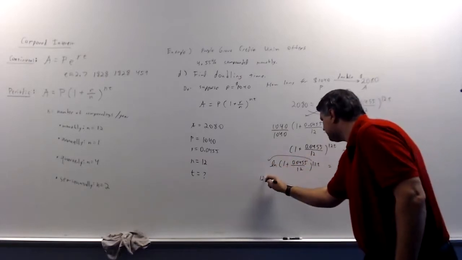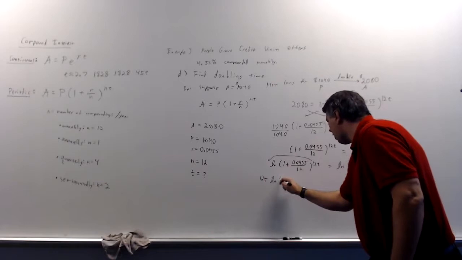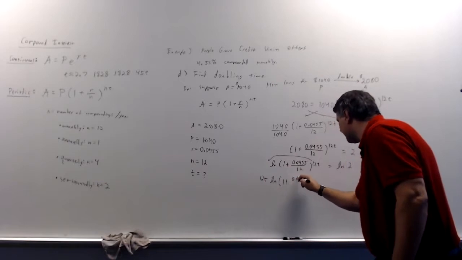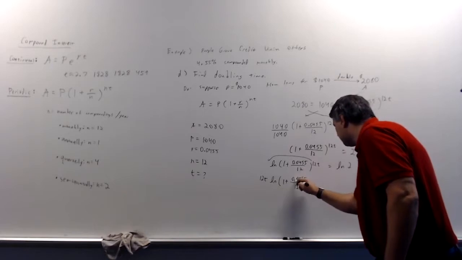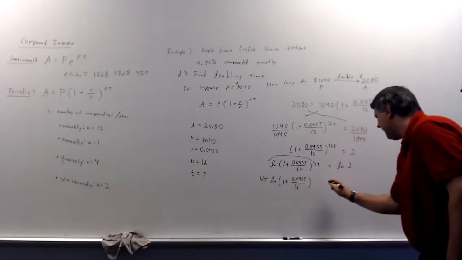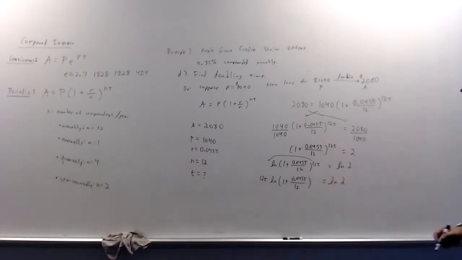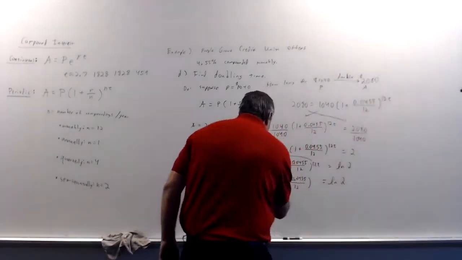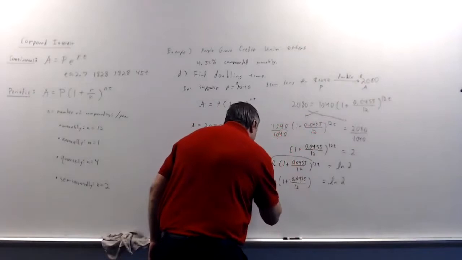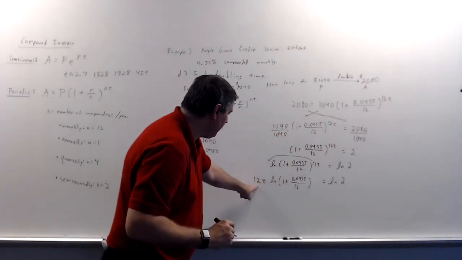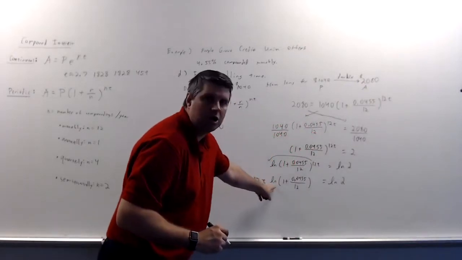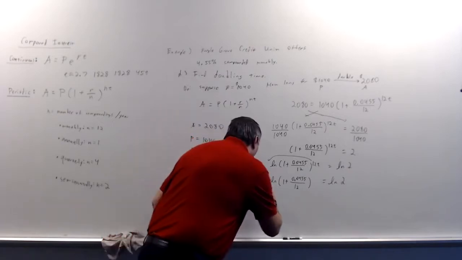So I have 12t natural log of 1 plus 0.0455 over 12 equals natural log of 2. Okay, so here's what I have going on. t is being multiplied by 12 and this natural log. So I will divide both of those off.